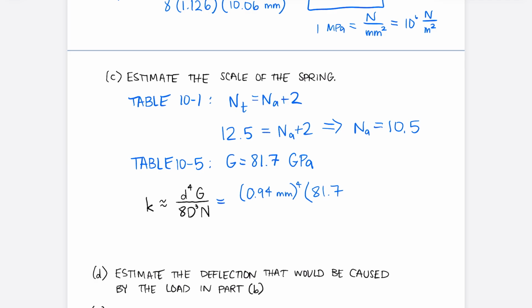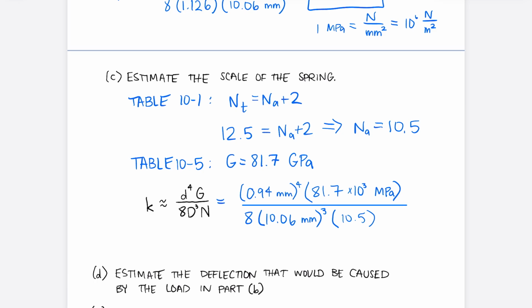I want to convert this into megapascals so that it will be consistent units with the millimeters, so I'm going to multiply this by 1,000. And then divide it by 8 times our mean coil diameter, 10.06 millimeters cubed. That's one of the most common mistakes I see. Don't make it. It's not 11 millimeters, it's 10.06. And the number of active coils is 10.5, which we just found.